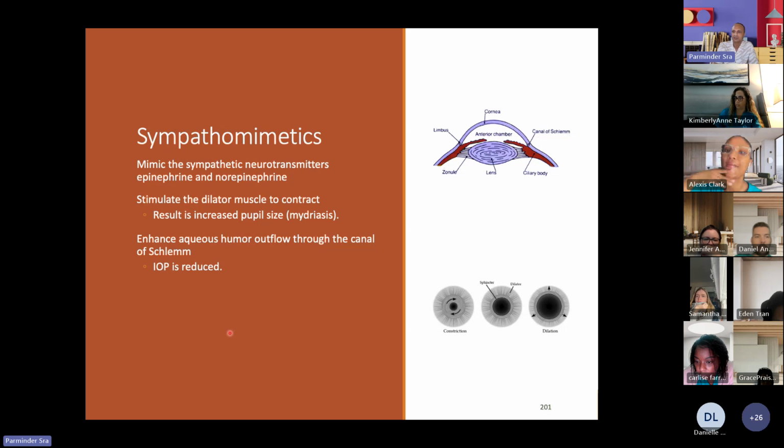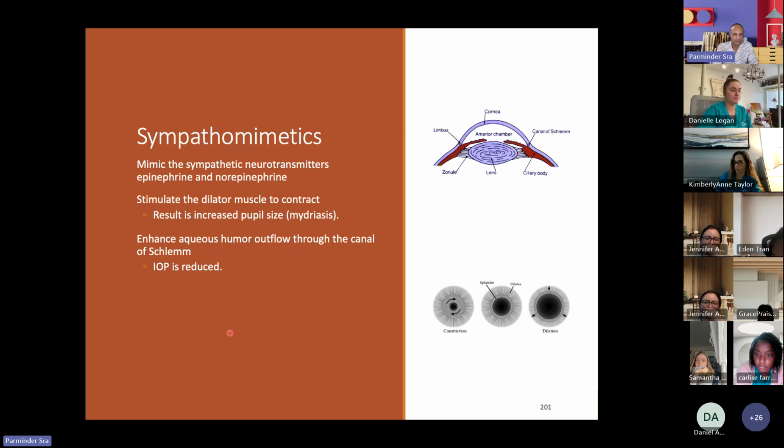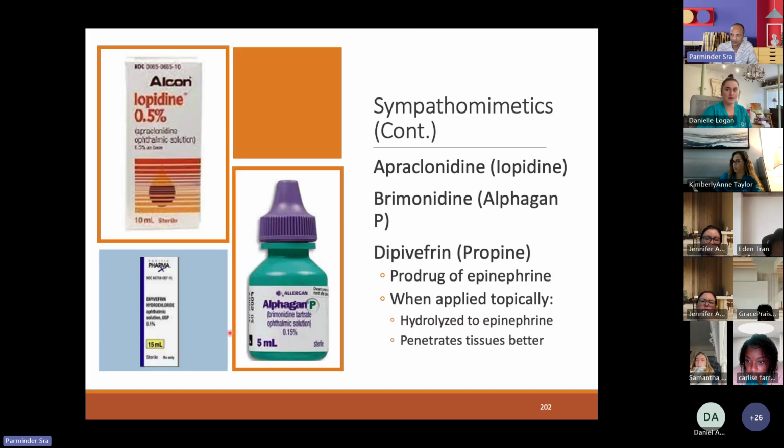Okay, this is the same thing we talked about, sympathomimetic. Nothing different in here. There are some examples here. You may have seen Alphagan very commonly, Iopidine as well.